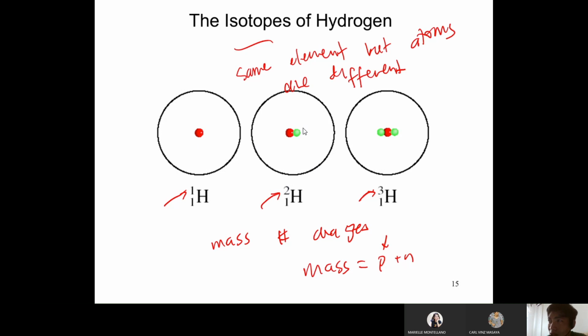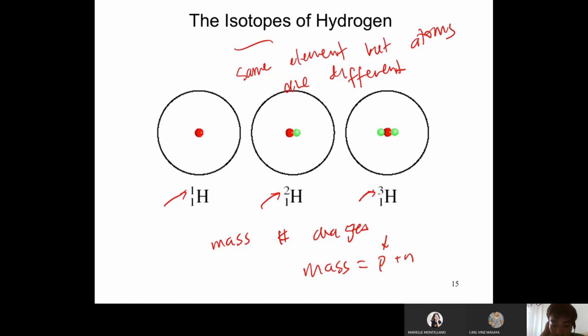If it contains 1 neutron naman, magiging hydrogen 2 siya. Isang mass para kay proton, isang mass para kay neutron. So 1 plus 1, 2. So hydrogen 2. Tapos, pag tatlo na sila, dalawang neutrons, isang proton, hydrogen 3 na tawag doon, di ba?